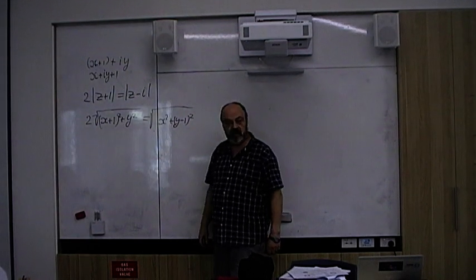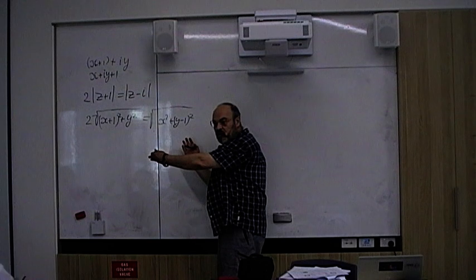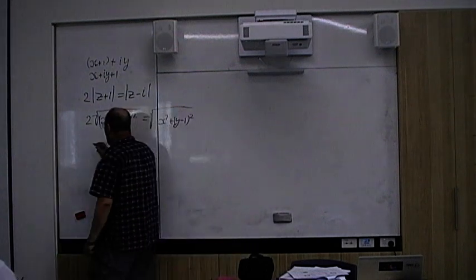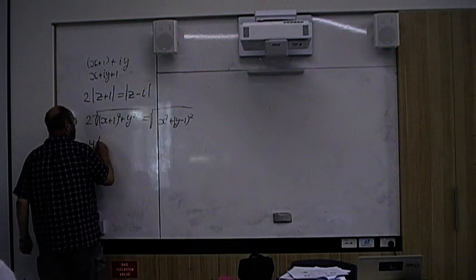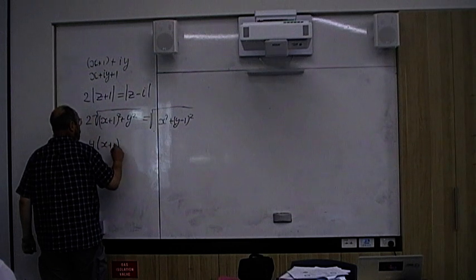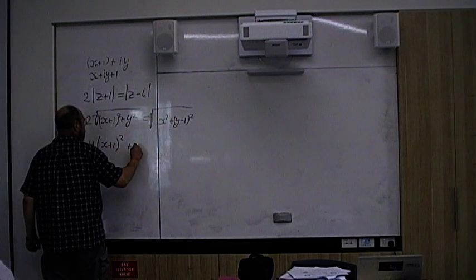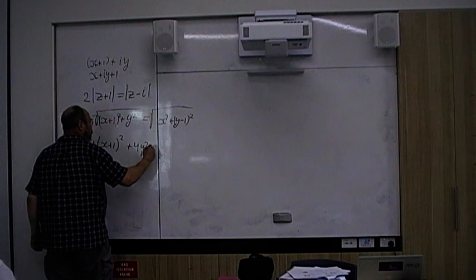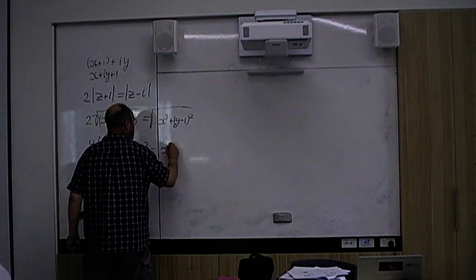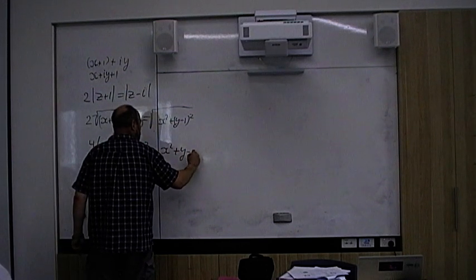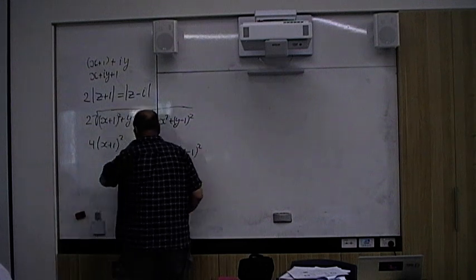Let's square both sides. We have 4 times (x plus 1) squared plus 4y squared equal to x squared plus (y minus 1) squared.